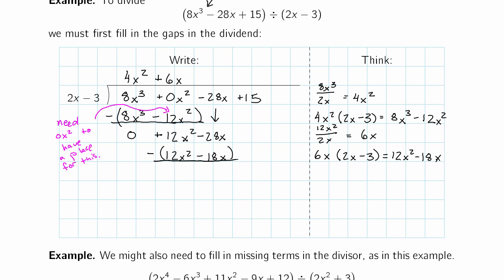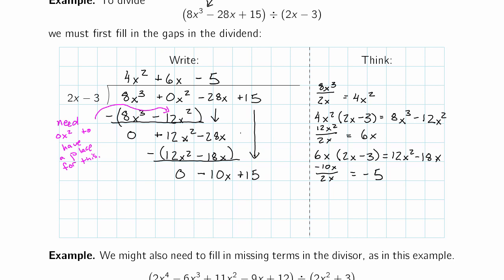Now we subtract. 12x squared minus 12x squared is 0. Negative 28x minus negative 18x is negative 10x. Bring down the last term. Divide one more time. Negative 10x divided by 2x is negative 5.